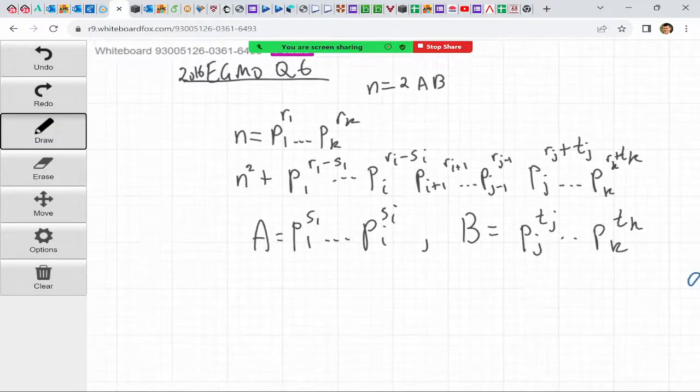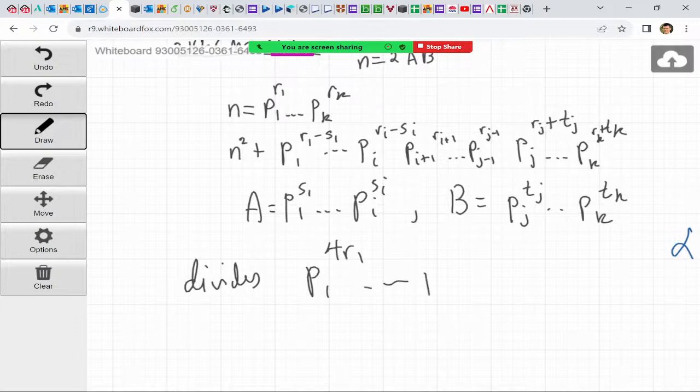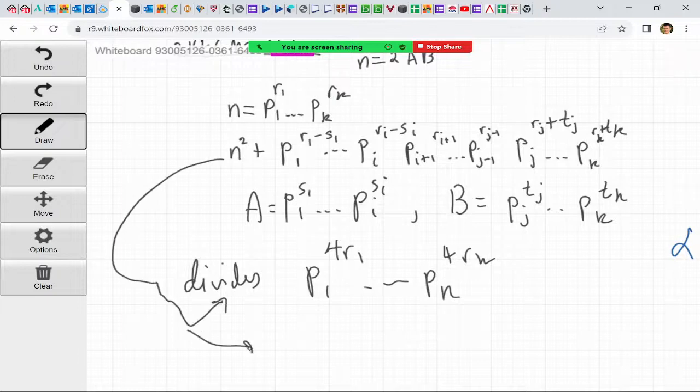And if you think about it, it's the same condition, right? If you're saying this thing divides P1 to the 4R1, but this thing has basically a big chunk of common factors.